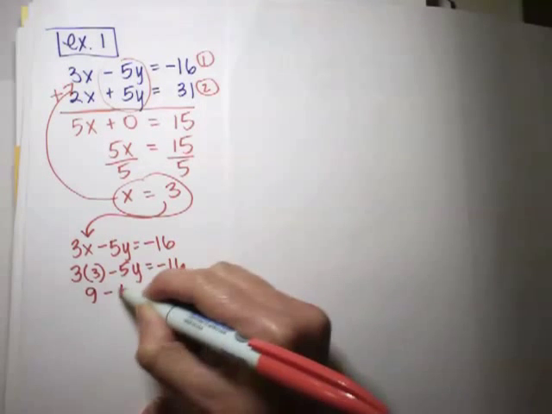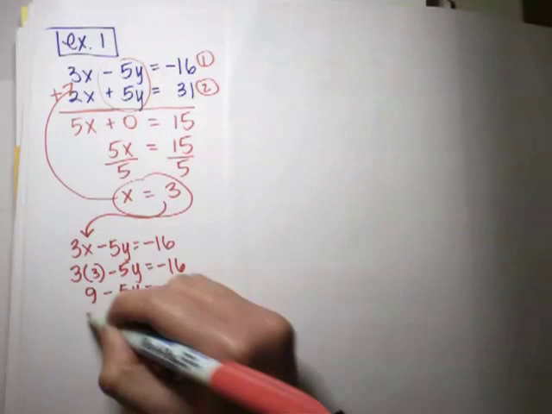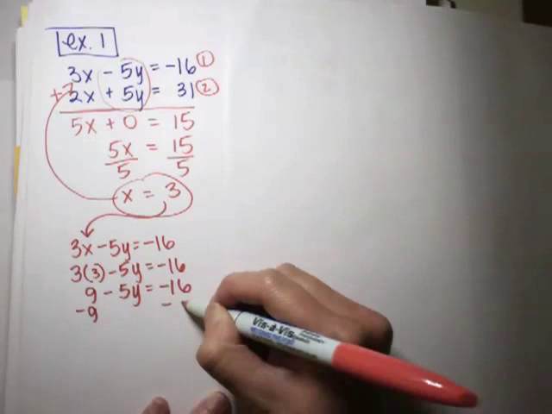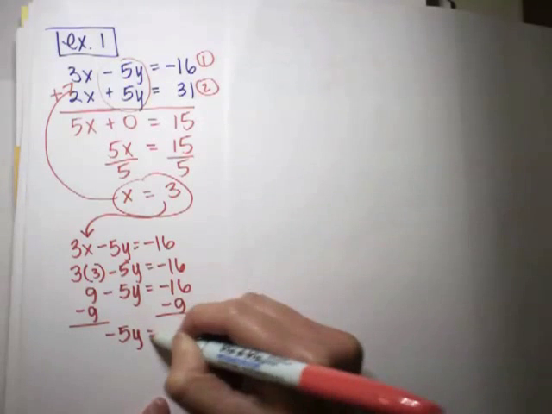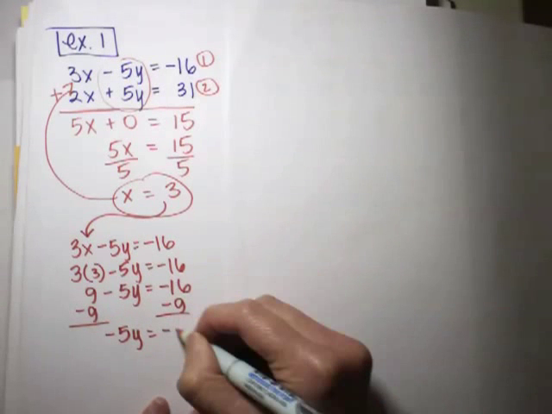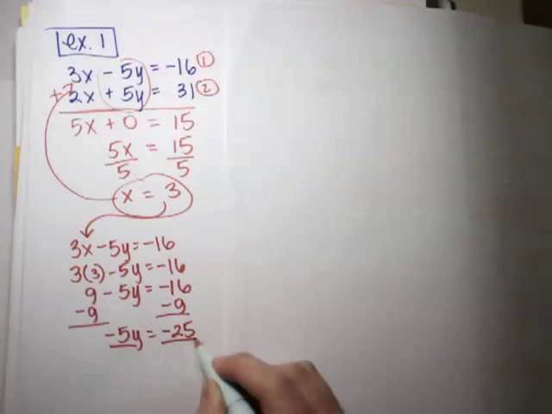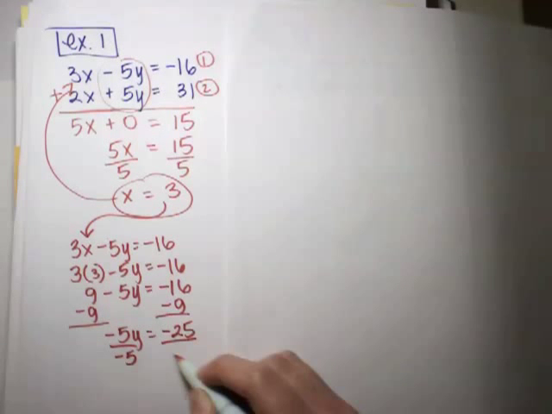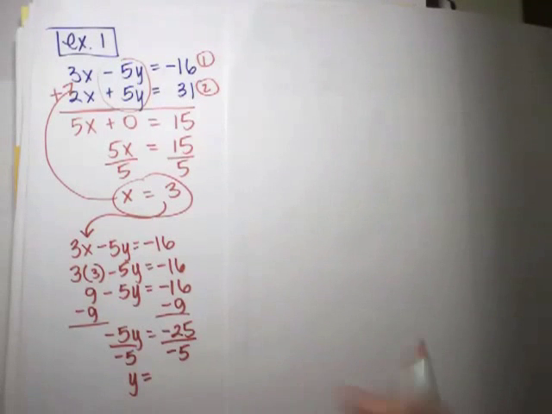That gives us 9 minus 5y is equal to negative 16. Subtract 9 on both sides, and we have negative 5y equals negative 25. Divide by negative 5 on both sides, and we get y is equal to 5.